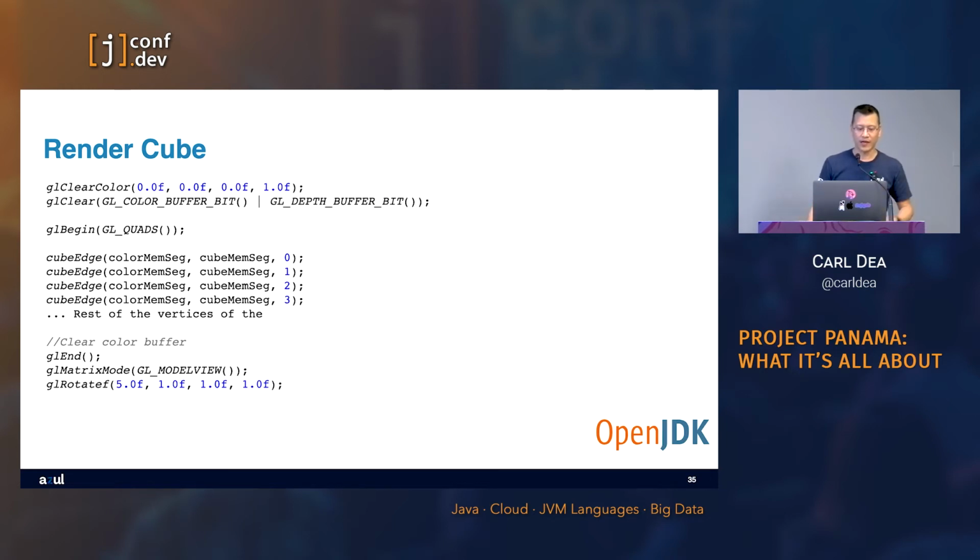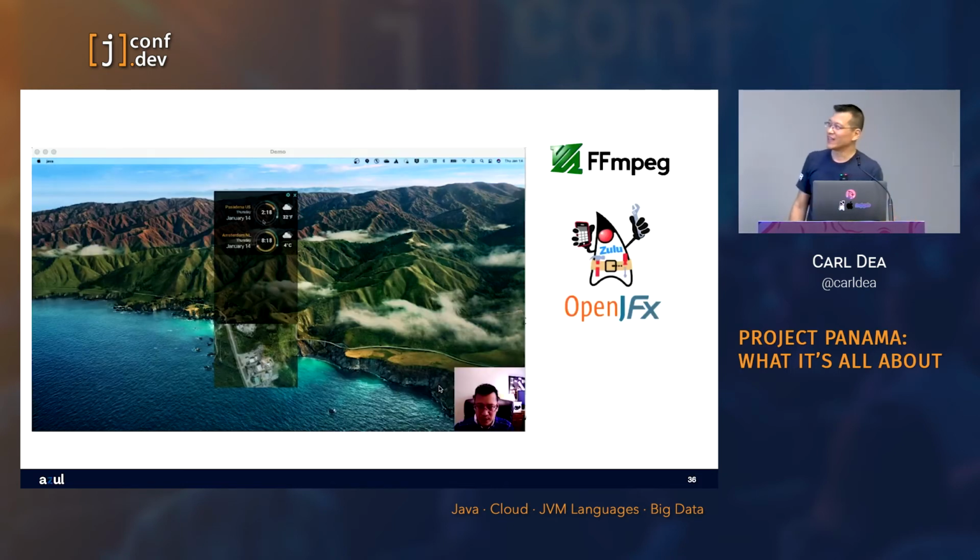So here's the last example of how to render. This is not important. This is just to demonstrate the way it looks in Java code, very similar to OpenGL. So if you're looking at a tutorial in C, you would probably see that.